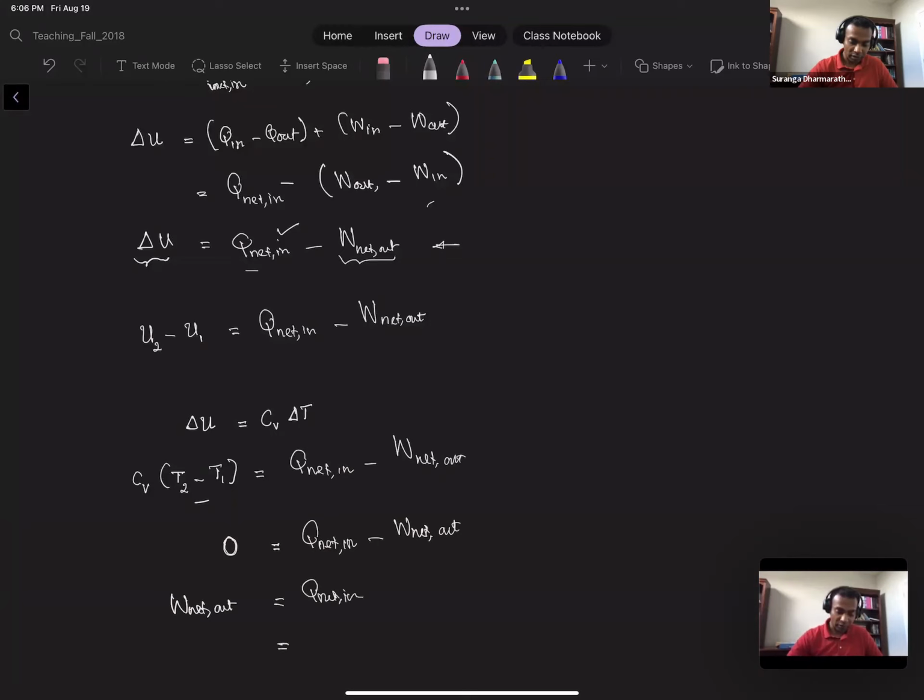So W net out is equal to 45 kilojoules. So the total work output is equal to 45 kilojoules in this case.